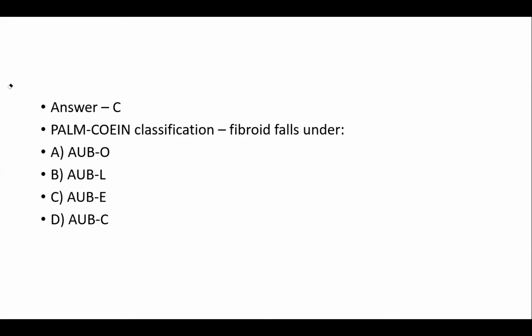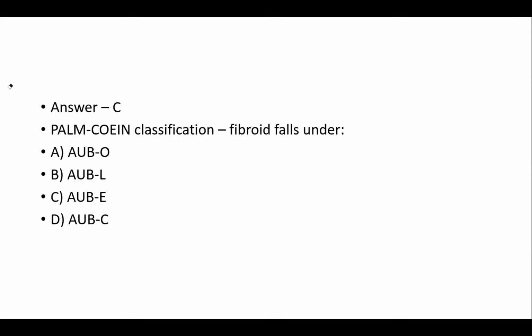PALM-COEIN: P is polyp, A is adenomyosis, L is leiomyoma, M is malignancy. So now fibroid comes under which category? AUB-O, AUB-L, AUB-E, AUB-C. Ma'am, then AUB-L. L, leiomyoma.